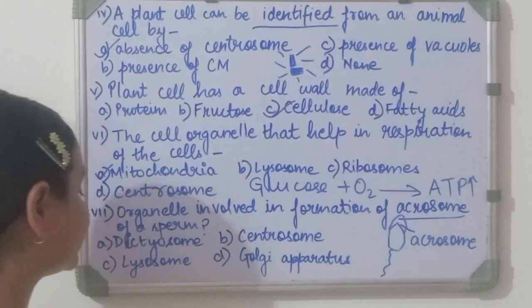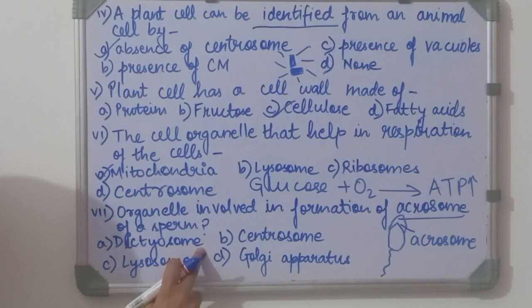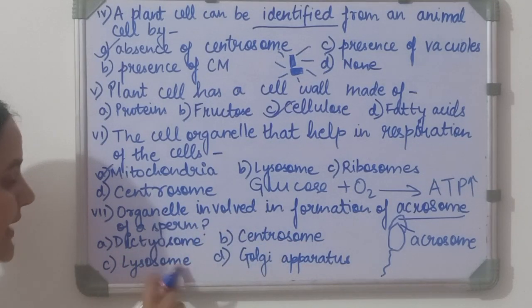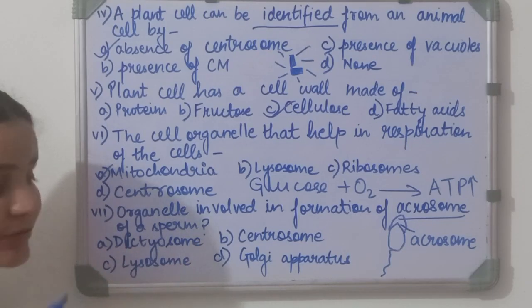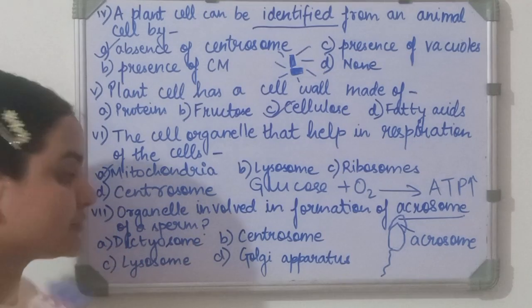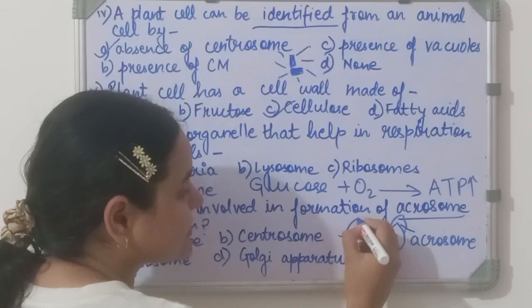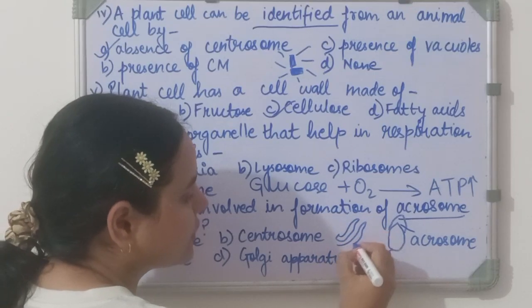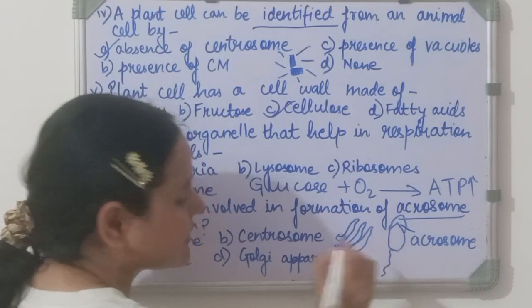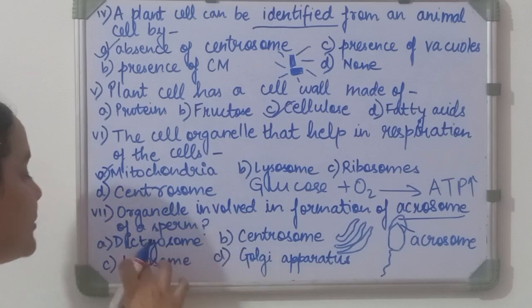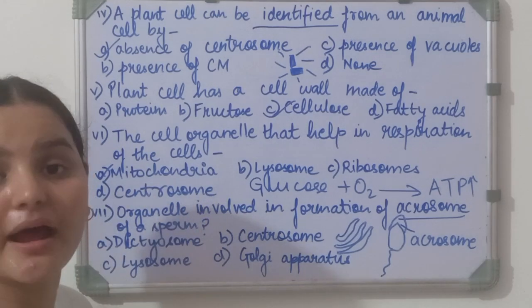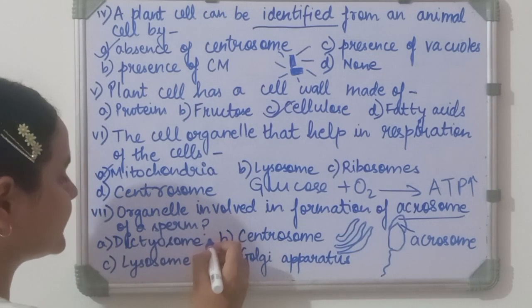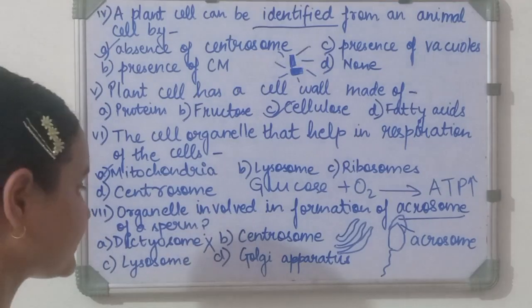So let's see the options. Dictyosome, centrosome, lysosome, Golgi apparatus. So first option is dictyosome. So what are these dictyosomes? These are the cisternae of the Golgi bodies and we generally refer to dictyosomes in case of plants. Okay, so here this option is eliminated.